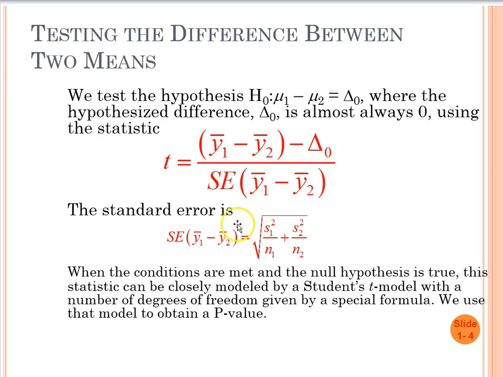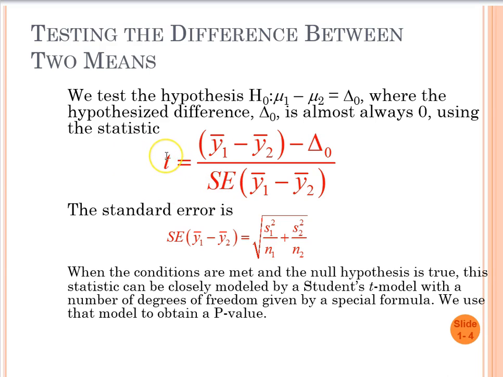The method I'm using to calculate the standard error keeps the standard deviation of the samples separate, so it doesn't pool them together, and it divides the squared standard deviation by the sample size of its own group, and then we square root that whole term. You can see here that I've squared that standard deviation, so it's fine that I square root it again to get it back into the units that I need.